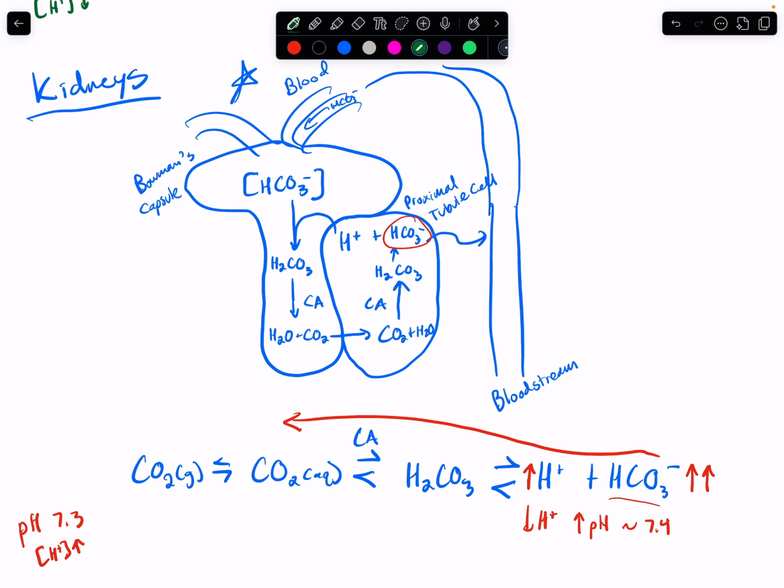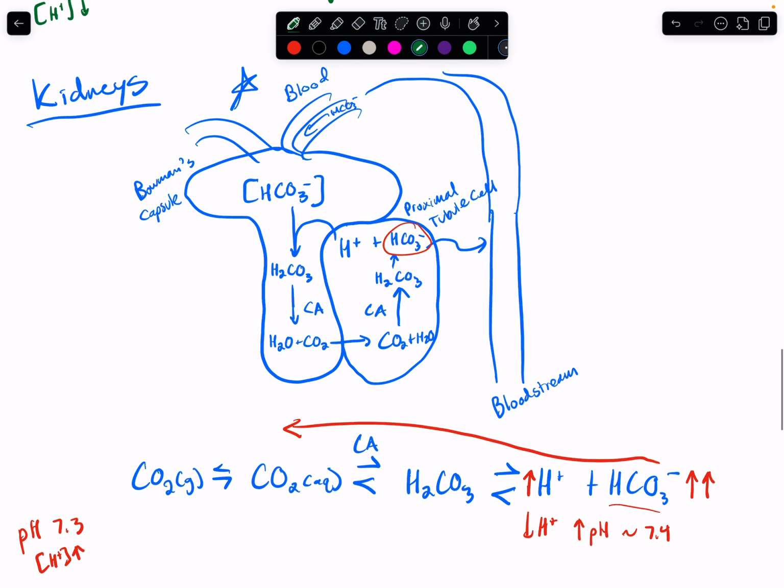All right, now if we're in the other scenario where we have a pH of around 7.5, this means that we have a hydrogen ion concentration that is lower than normal. So again, I'm just going to write on this equation. If we have a lower hydrogen ion concentration than normal, what is going to happen in the kidney is that there will be less HCO3 released into the system.